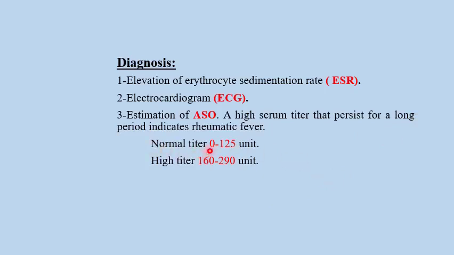A normal titer is from 0 to 125 units, a high titer from 160 to 290 units. But these numbers are not very accurate. They may vary from one region in the world to another, with deviation in the normal titer and the high titer. Okay? It may differ from country to country.